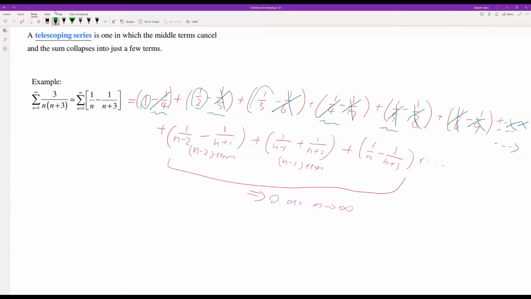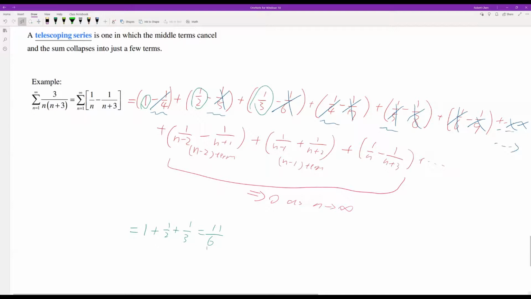The 1/2, the 1/3, right? So we can actually simplify the sum of the telescoping series down to just 1 plus 1/2 plus 1/3. The terms that are not getting canceled, they are not getting reduced, which gives us 11 over 6. Okay, so that's what a telescoping series is.